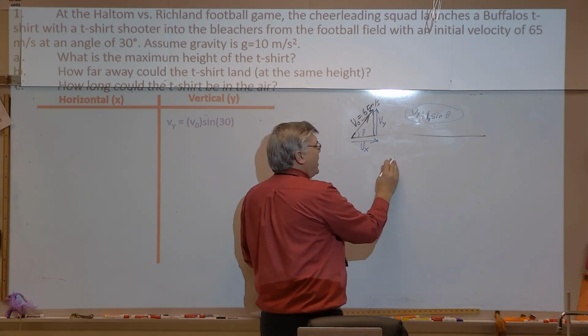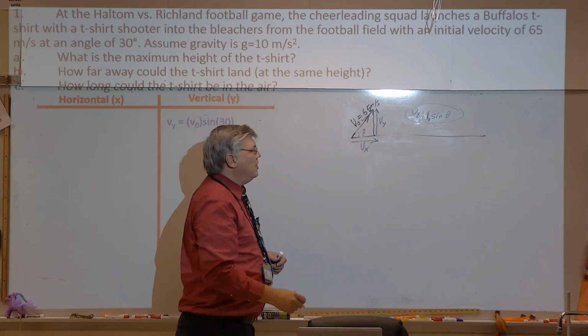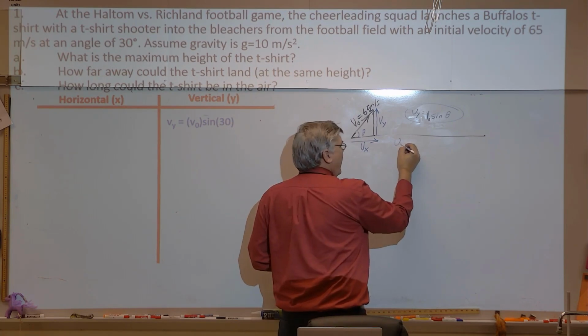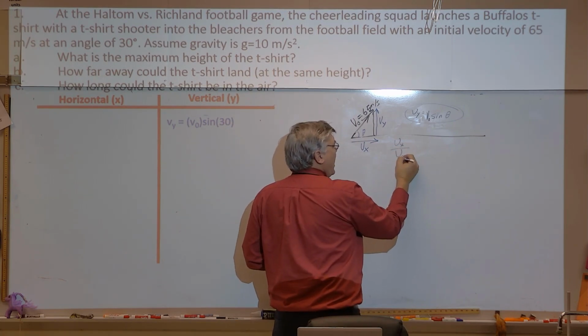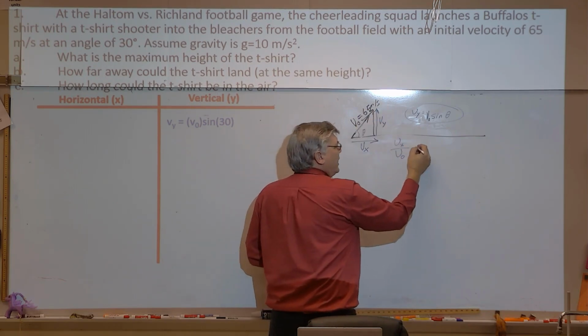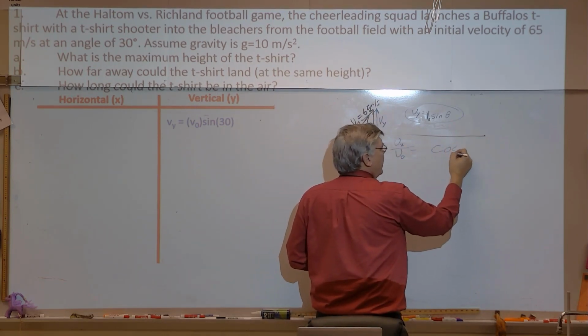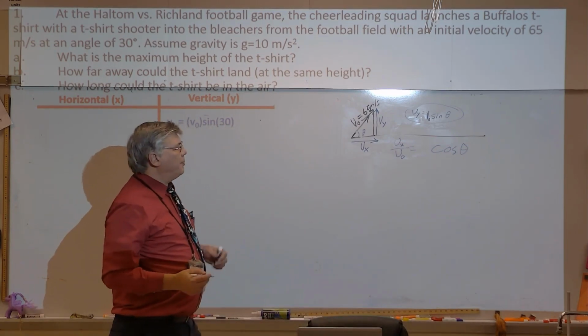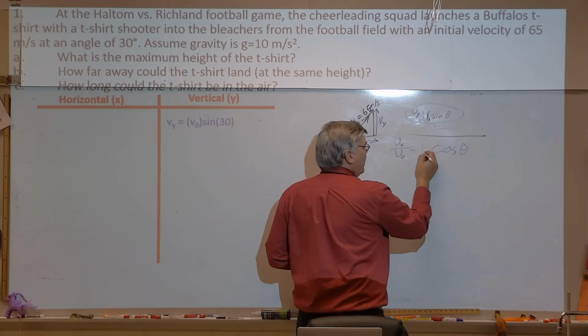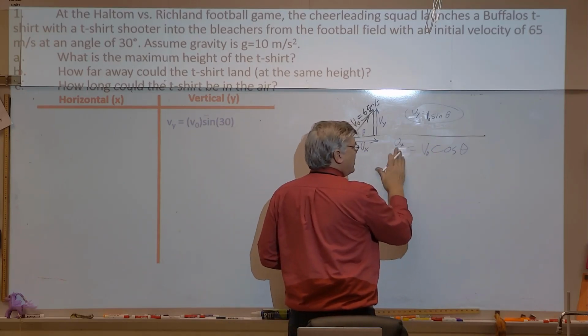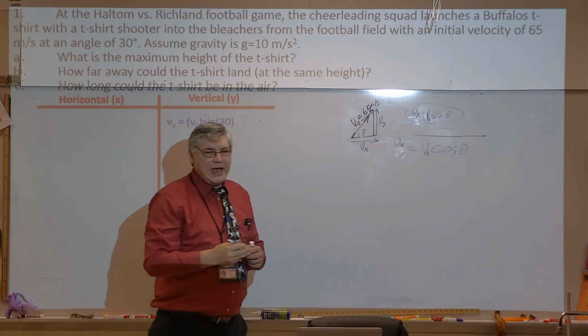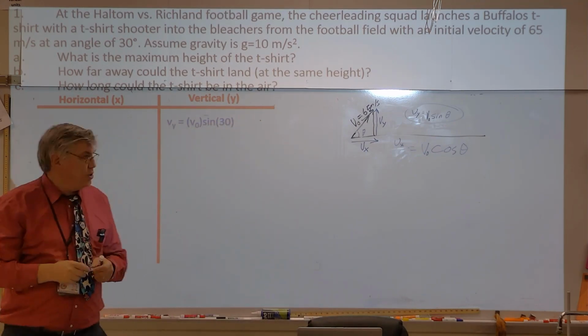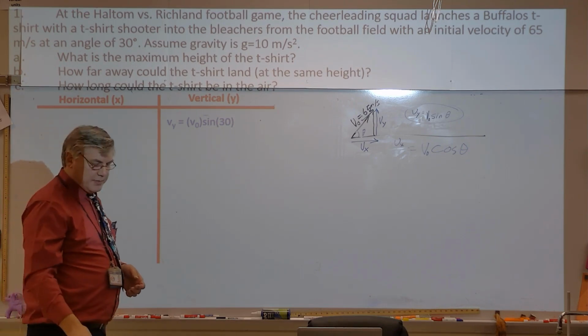Vx, on the other hand, is the adjacent side. So Vx over the hypotenuse, which is my V0, is equal to the cosine of theta. If I multiply both sides by V0, it cancels on the other side, and I end up with Vx equals V0 times the cosine of theta.